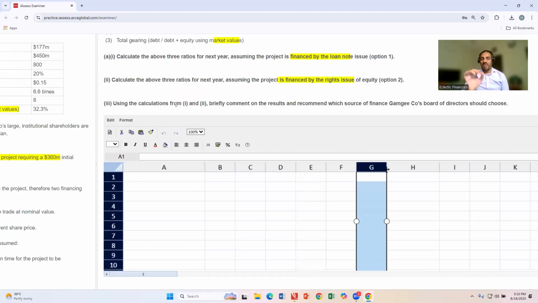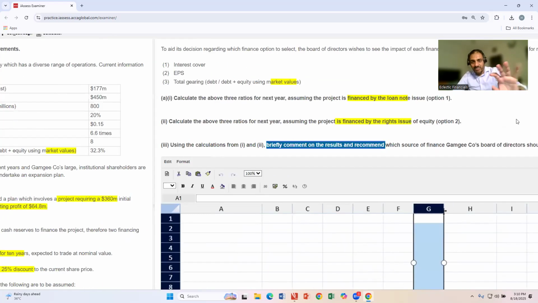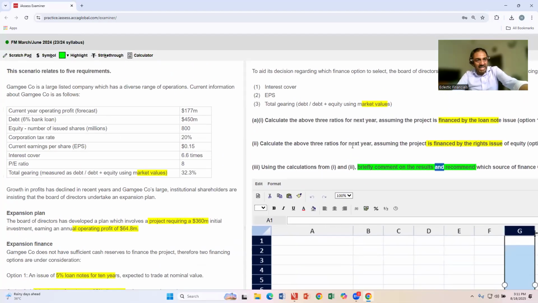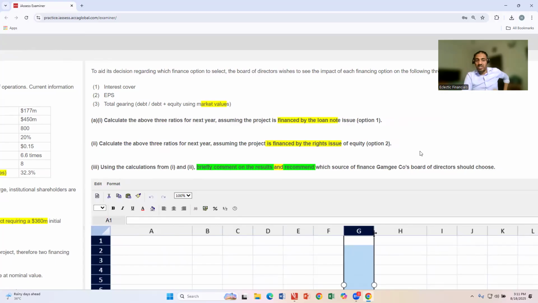Using the calculations from 1 and 2, briefly comment and recommend. There are two things; do remember this, and the 'and' is very important: comment and recommend. There are 3 marks for comment and 2 marks for recommendation.